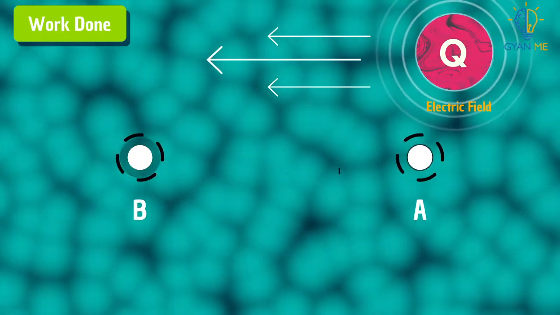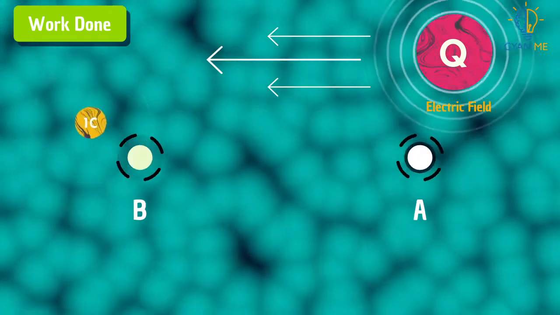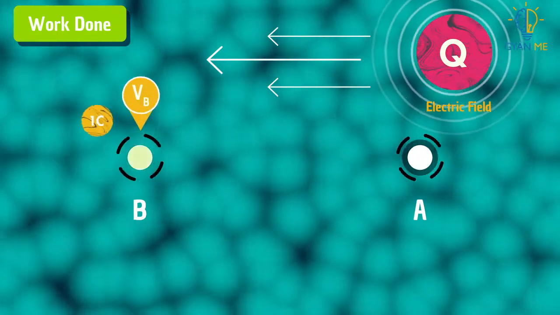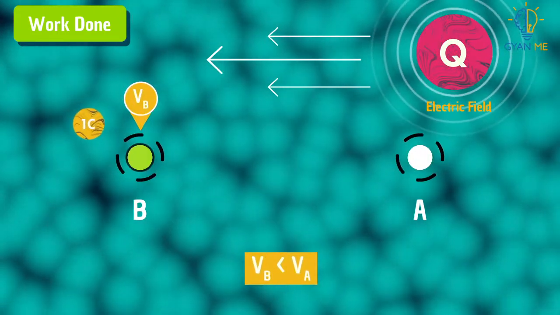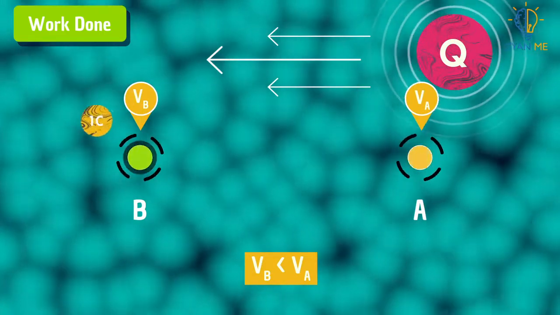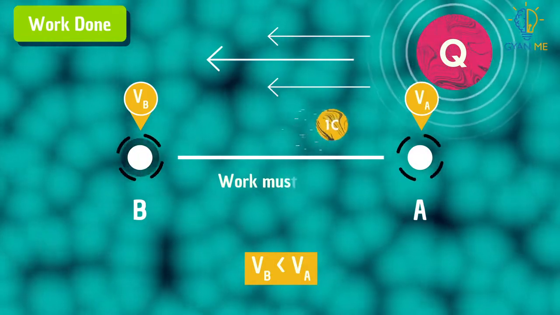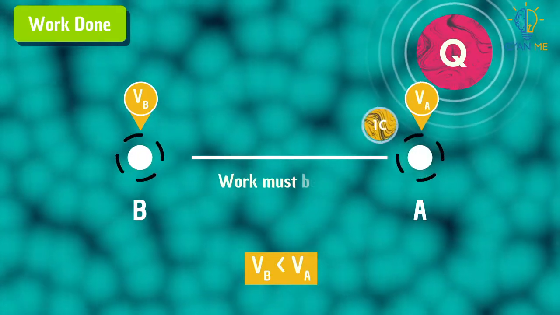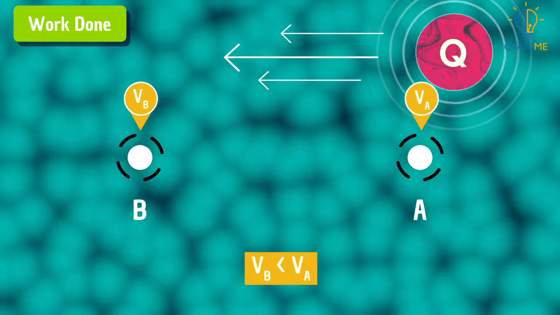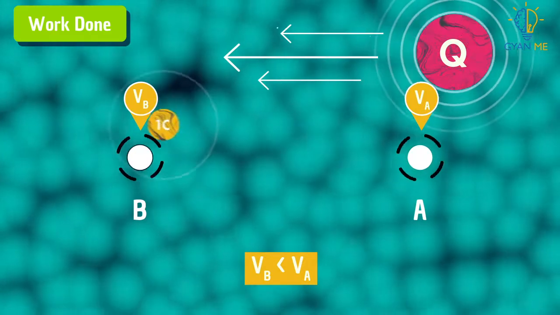Now, say another unit charge that is 1 coulomb is placed at point B. This unit charge has electric potential energy VB, which is less than its potential energy VA at point A. In order to move the unit charge from point B to point A, work must be done on the unit charge against the electric force of charge Q. Also, there will be repulsion between them due to same charge.